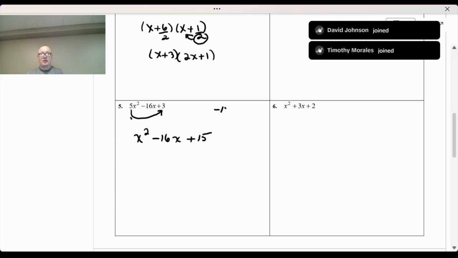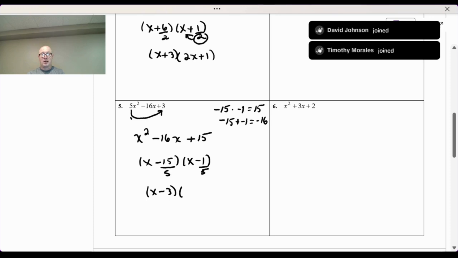Negative 15 times negative 1 equals positive 15, and negative 15 plus negative 1 gives negative 16. So I want to use x minus 15 times x minus 1. But we have to remember we slid the 5, so we account for that by putting a divided by 5 after the constant. Simplify this: 15 divided by 5 is 3. So I get x minus 3.